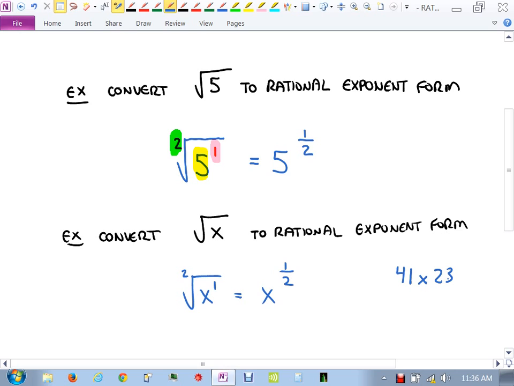So it just made sense to get rid of it. It was too basic for us. Well, same thing here. The radical notation at some point becomes troublesome, so we move to rational exponent form instead. Okay? So that whole answer, x to the half, is an expression written with rational exponents.